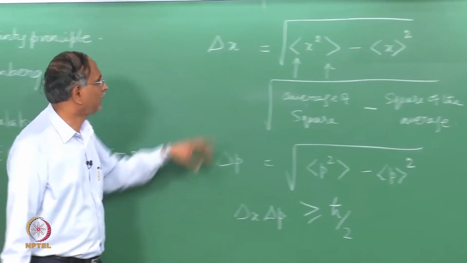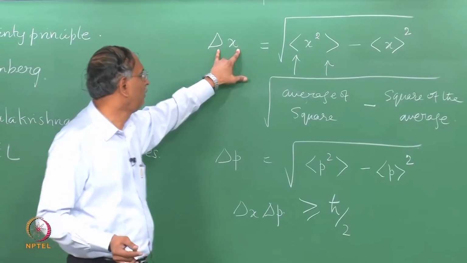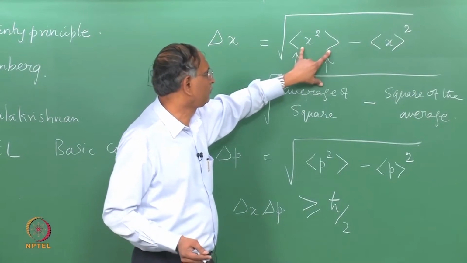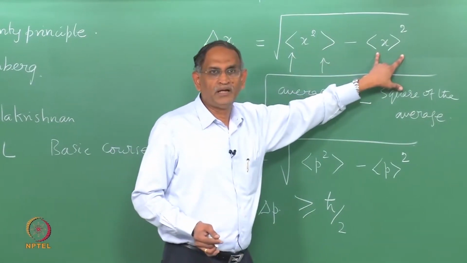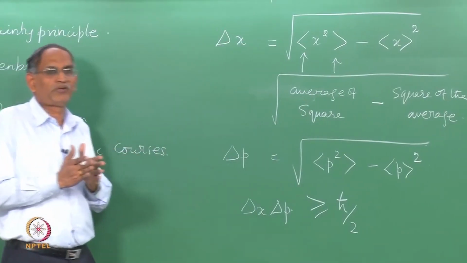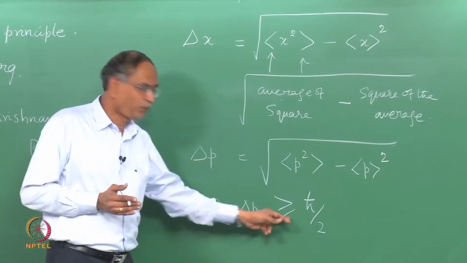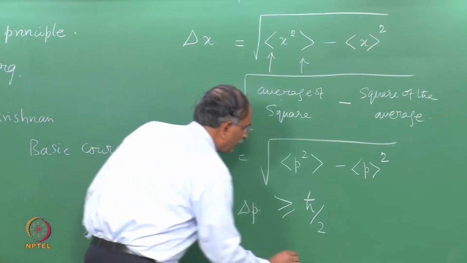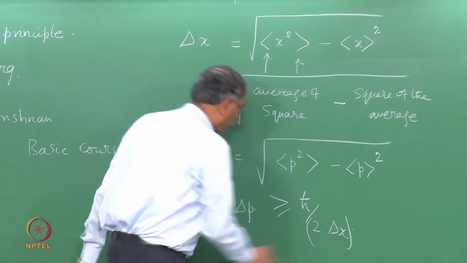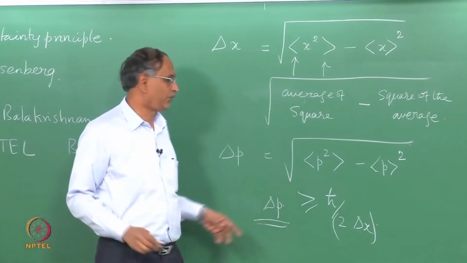What it means is that if for some preparation of the states we are able to minimize this by making sure that this average and this squared average are very close to each other, therefore, we are able to measure the position very, very accurately. If you do that, what the uncertainty principle tells you is that, as this is in the denominator, the uncertainty in delta p is very large.